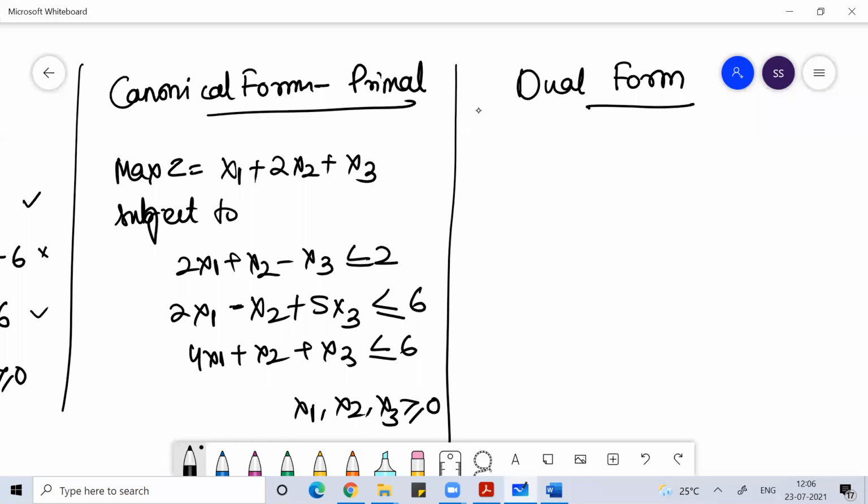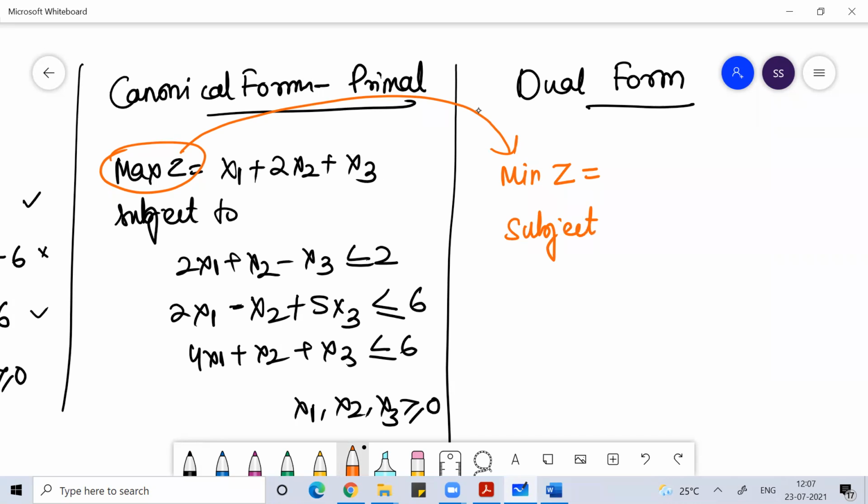Whenever you want to write the dual form of the primal, you introduce a dual variable for each constraint. And always remember, when you write it in dual form, your maximum objective function will transform into a minimum objective function, and a minimum objective function will become maximum.